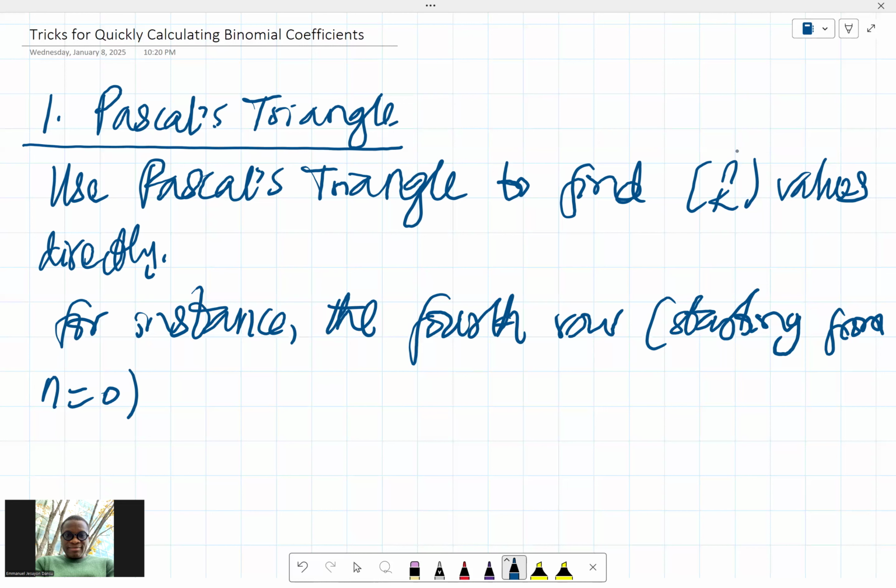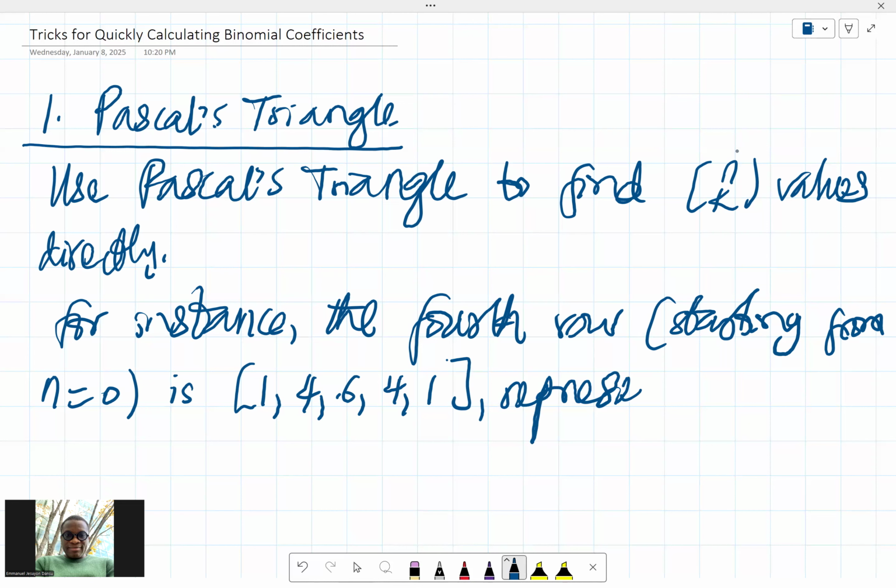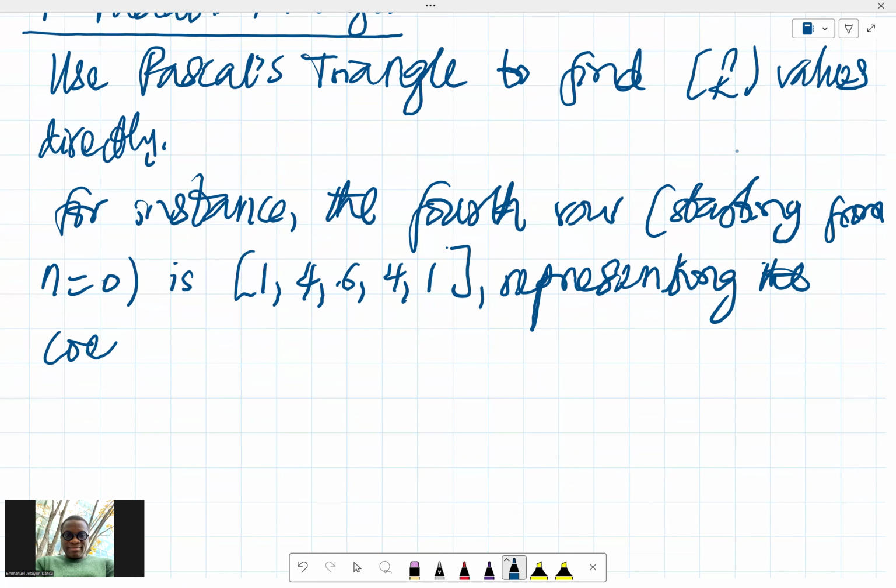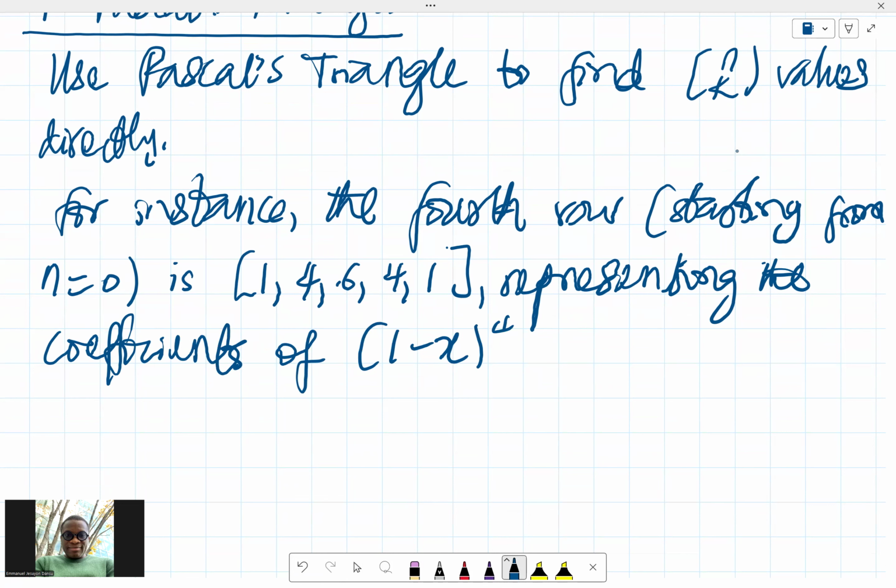So the fourth row is 1 4 6 4 1, and this actually represents the coefficients of 1 minus x raised to power 4.